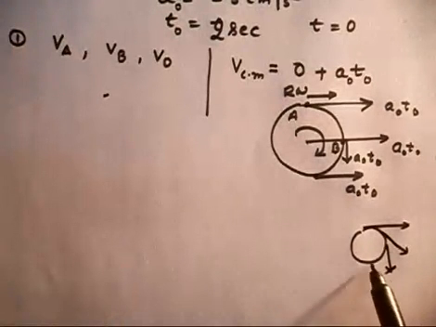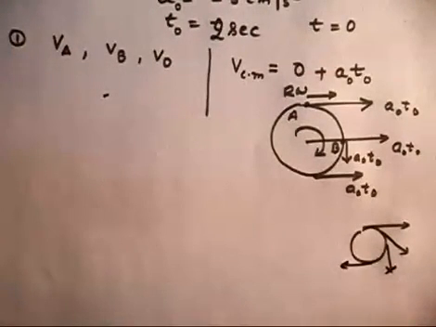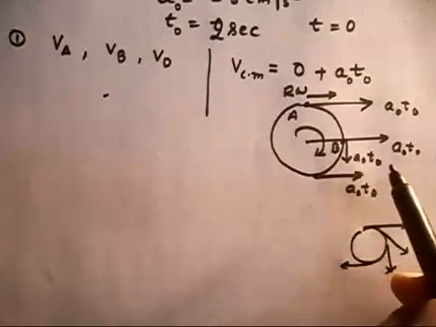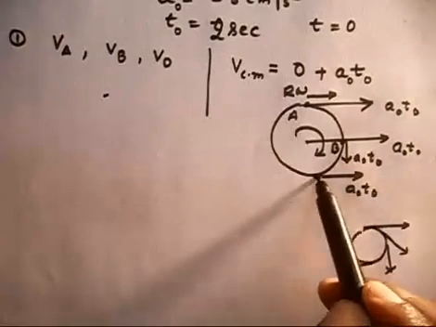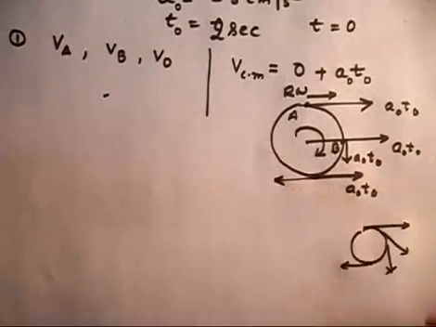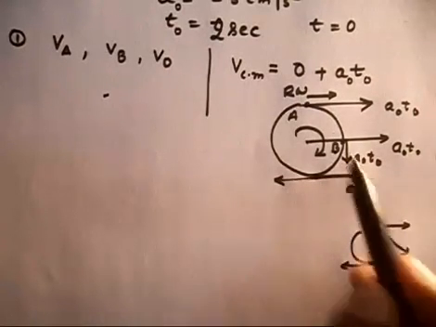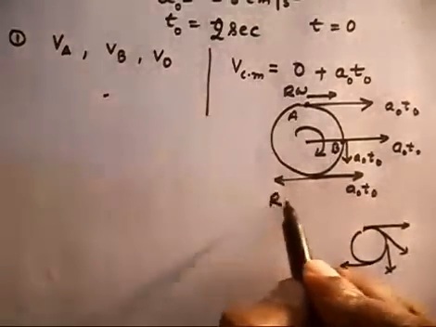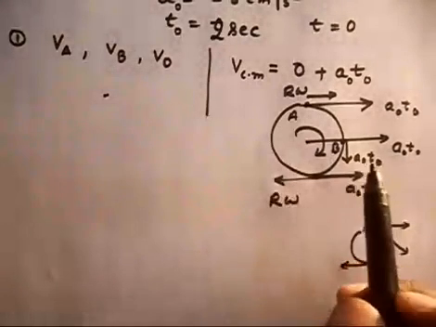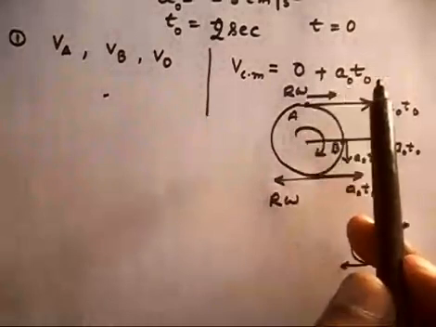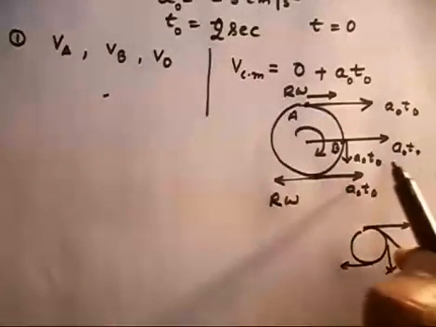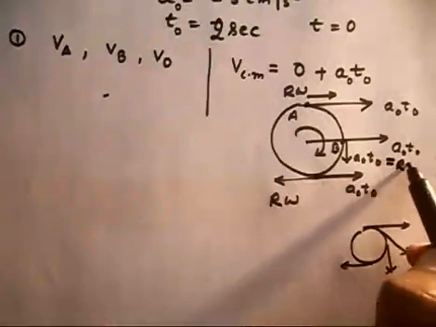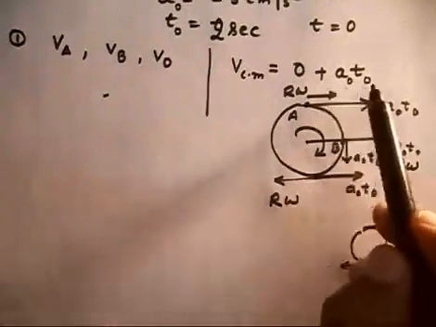Now at this point the tangent is in this direction, so the tangential velocity will be r omega, and r omega should be equal to a naught t naught, because v is equal to r omega.